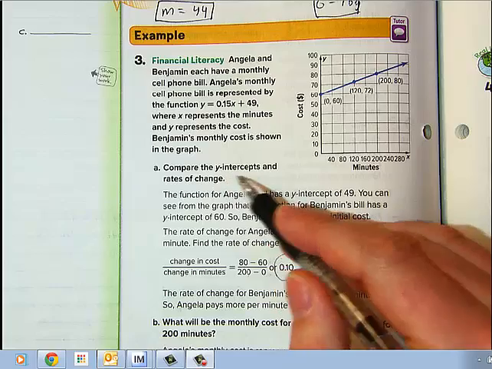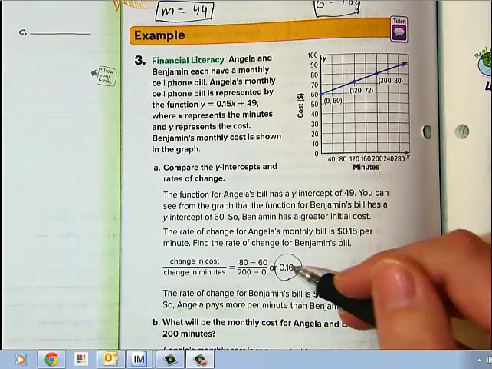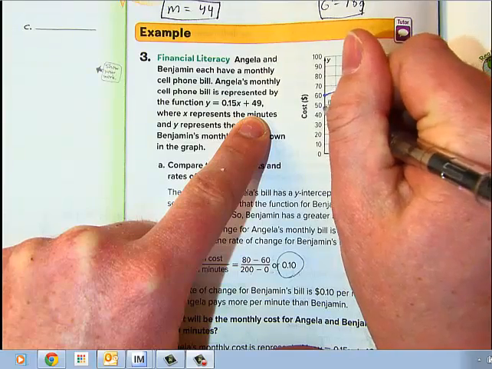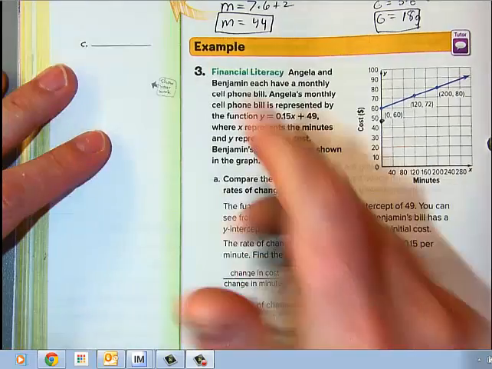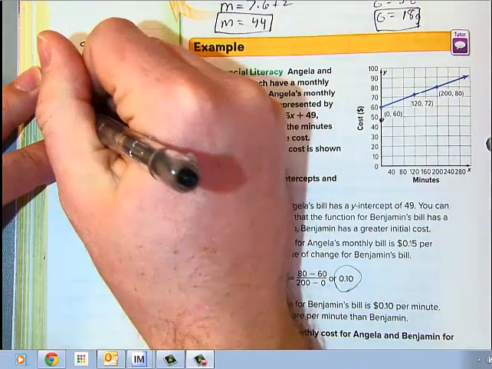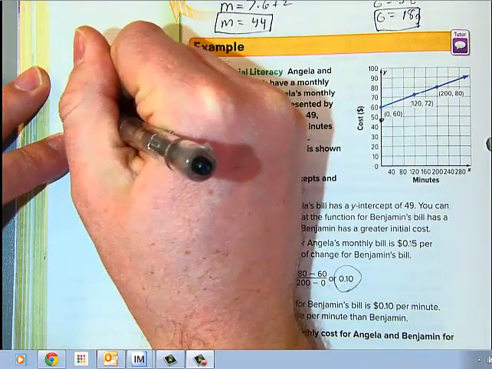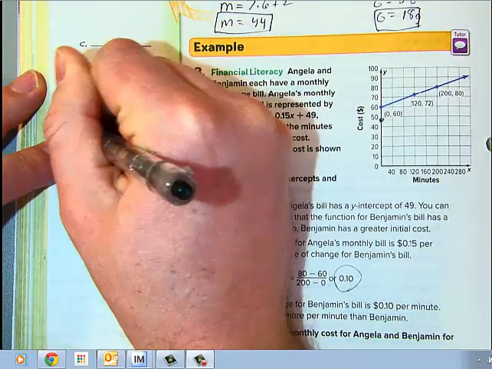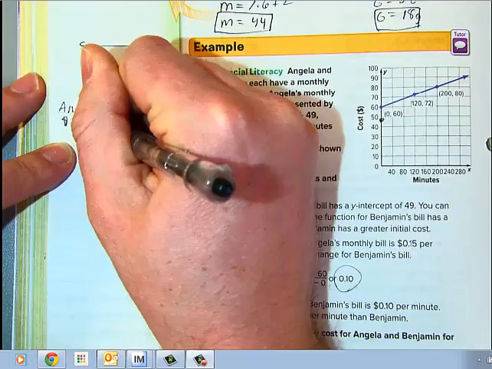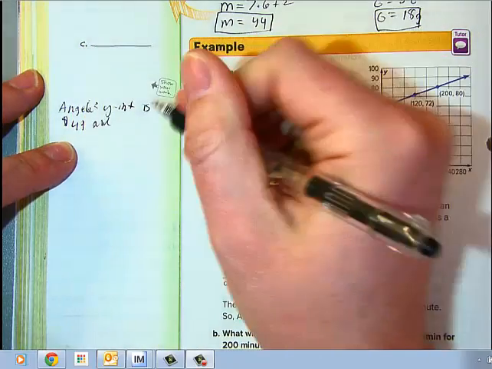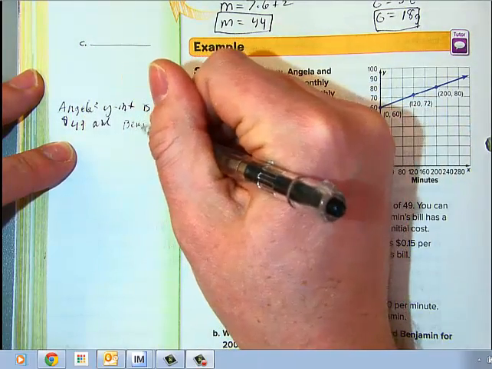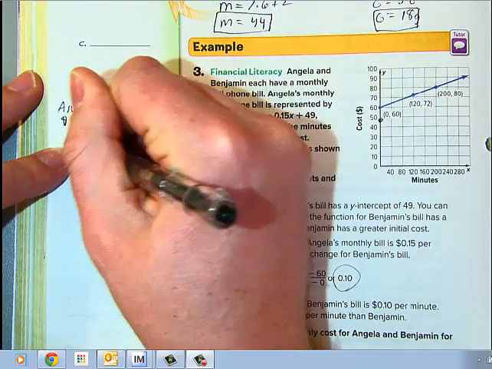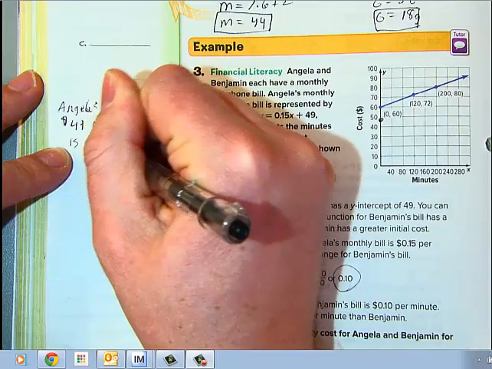It says compare the y-intercept and rate of change. So the y-intercept of hers is 49. So out to the side, you need to say Angela's y-int, for y-intercept, is $49, and Benjamin's is $60.